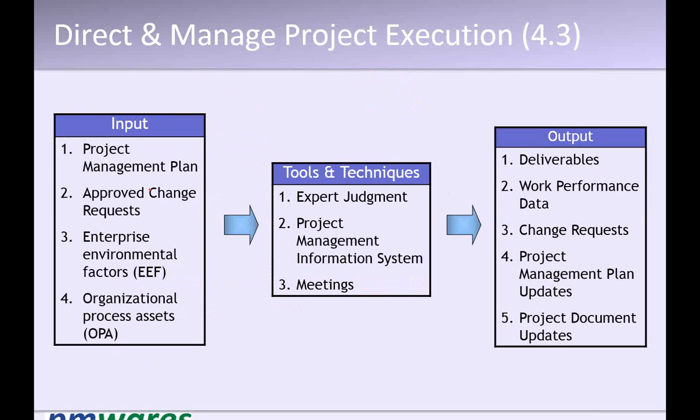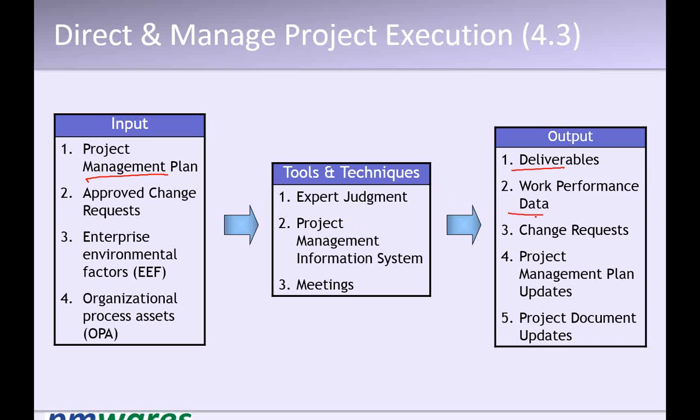So what is here? You have the project management plan, that is providing the plan, and approved change requests which need to be implemented. Now what are you doing? You are executing and producing deliverables, so the outcome is the deliverable.